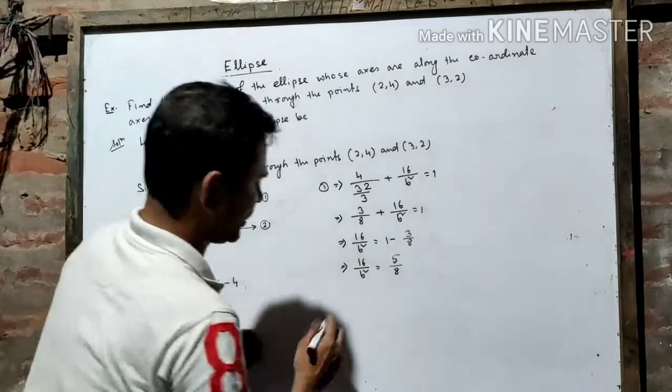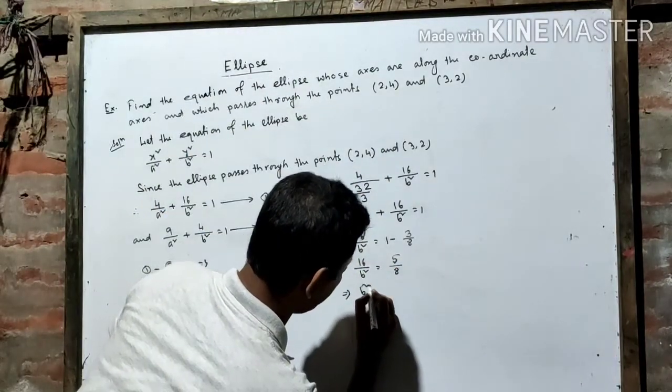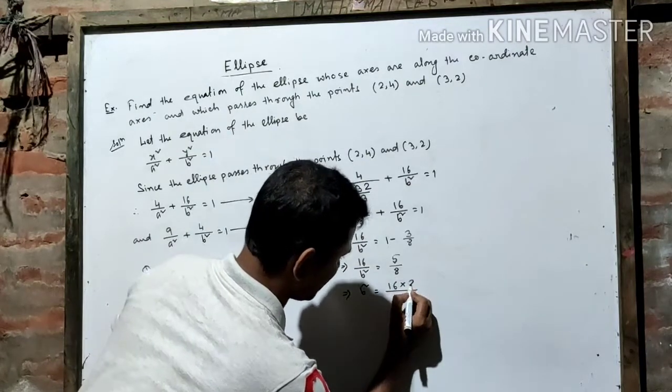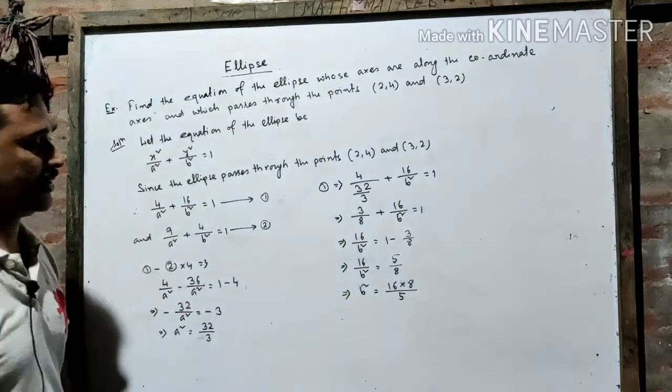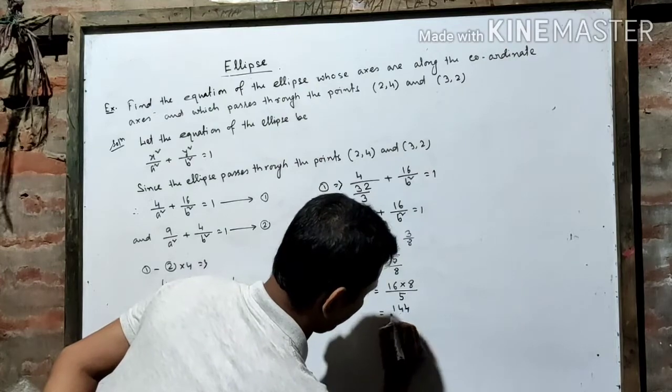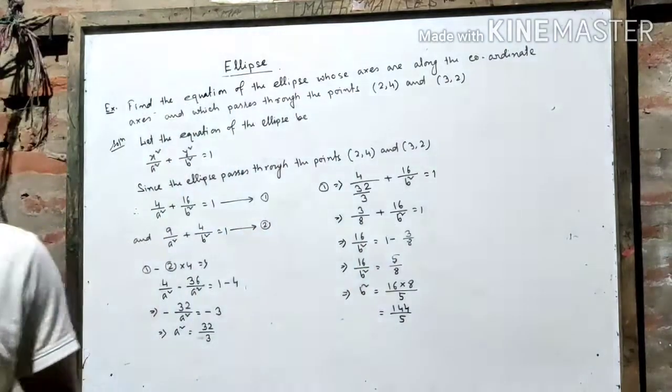Okay, this implies b square will be equal to 16 into 8 divided by 5. This is equal to 144 by 5. Am I correct?